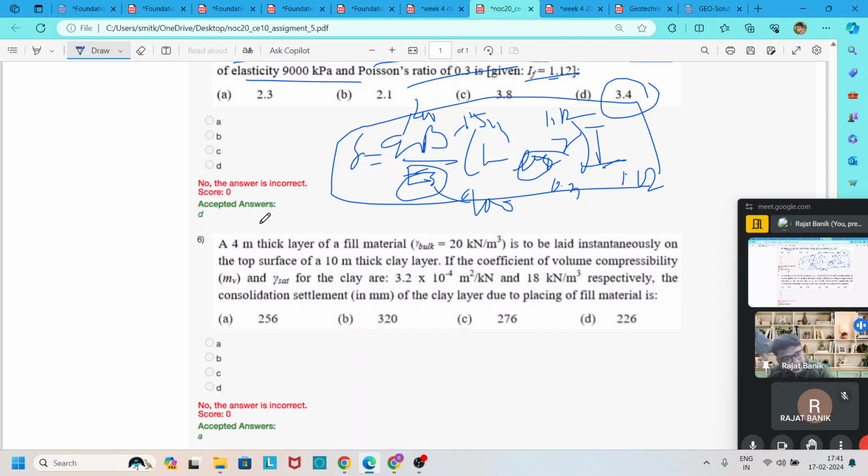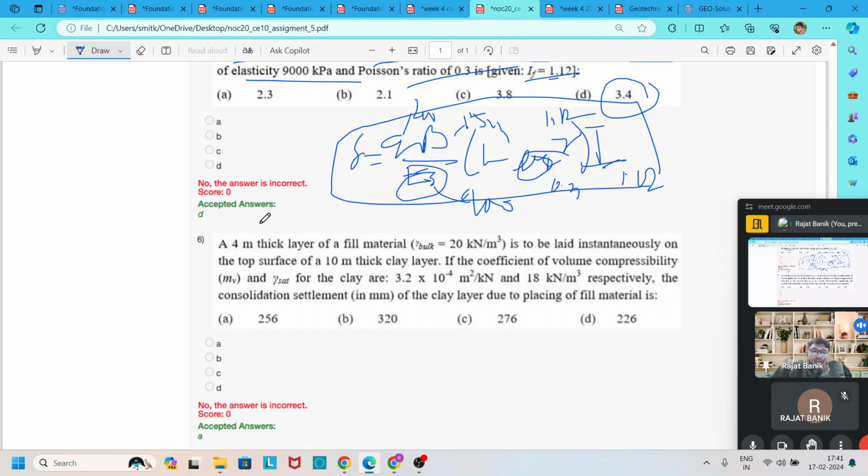In question number 6, it is said that a 4-meter thick layer of fill material of bulk density 20 kilonewton per meter cube is laid instantaneously on the top surface of a 10-meter thick clay layer.